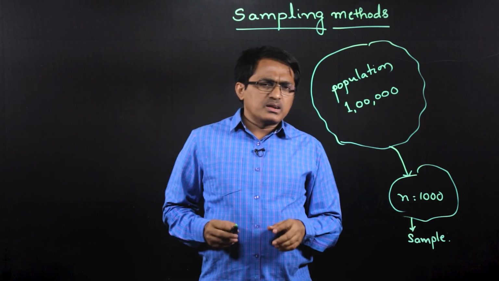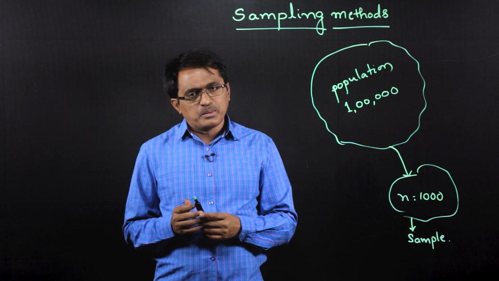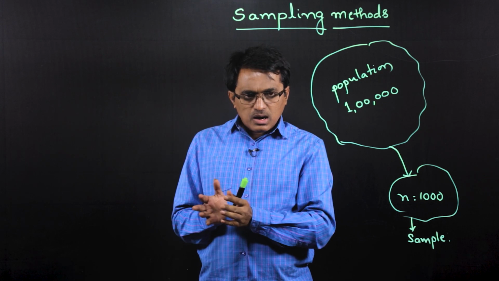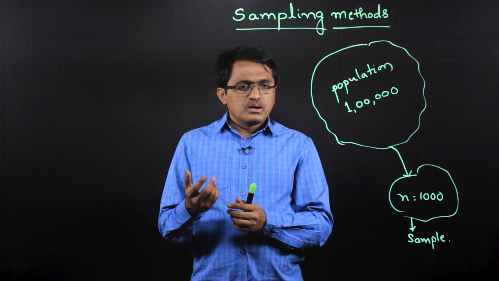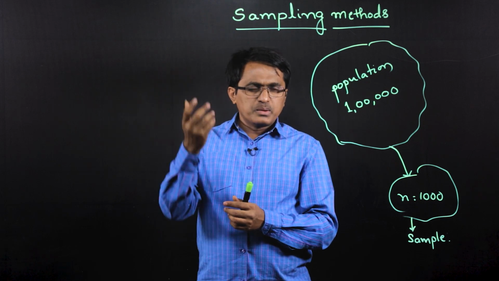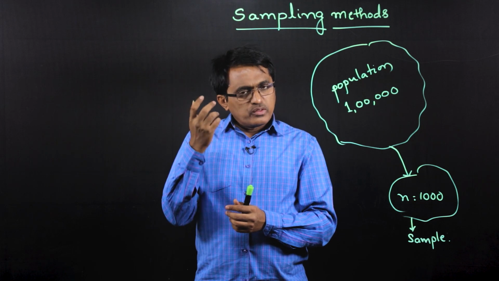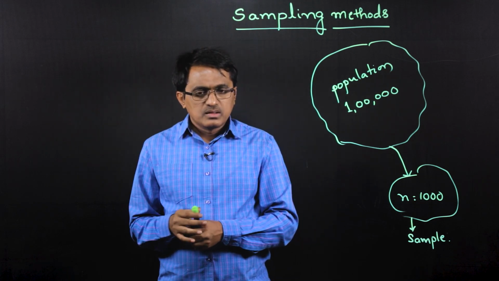Now, you can relate this to your experience in the chemistry laboratory. Suppose an organic compound of maybe 250 ml or 350 ml is given in a test tube, and we want to check what the compound is.